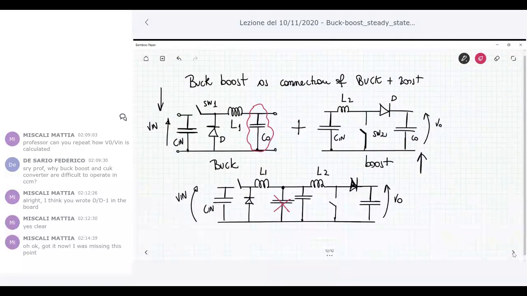Since this is one of my basic assumptions, that V in is constant, the insertion of a bipole in parallel to a constant voltage source has no meaning. But I have to think that in practical circuits, no source is constant. They have some output resistance, etc.